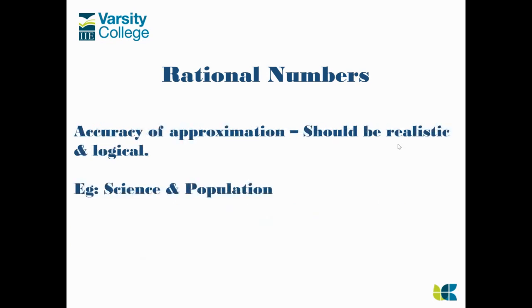The accuracy of an approximation should be realistic and logical. We obviously want to be close to our true value. We don't want to round too far away from our true value. It would be pointless to round to the nearest 5 rand when we got that number 15.86. That is very far from the true value. In science, we're working with a lot of precision.